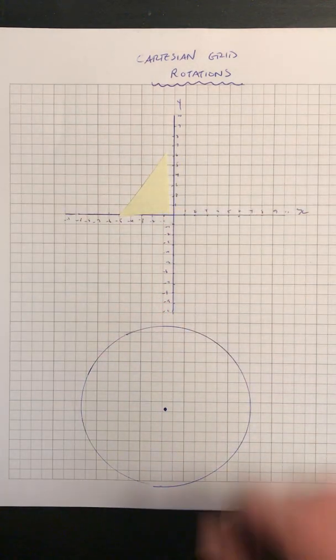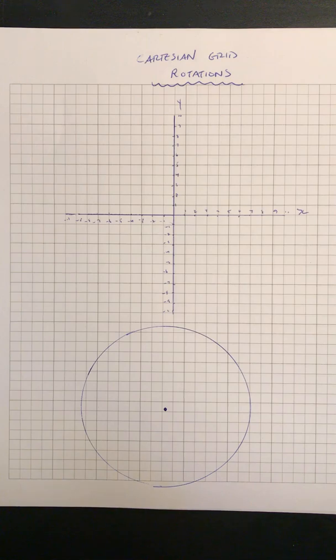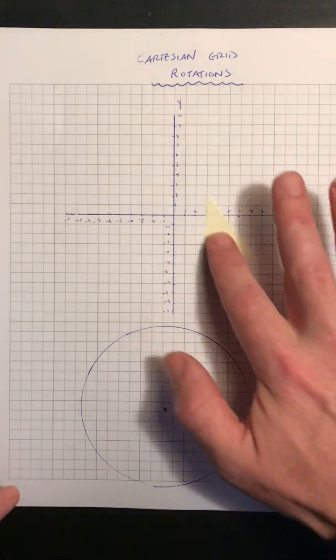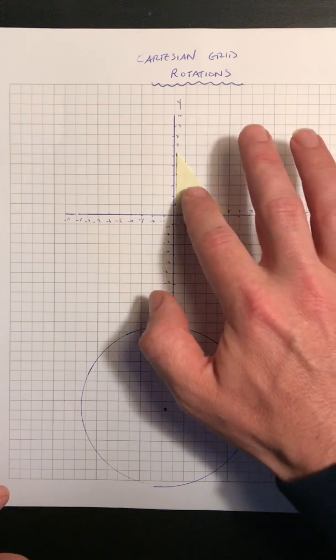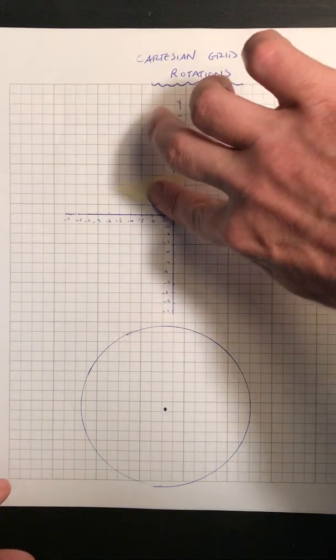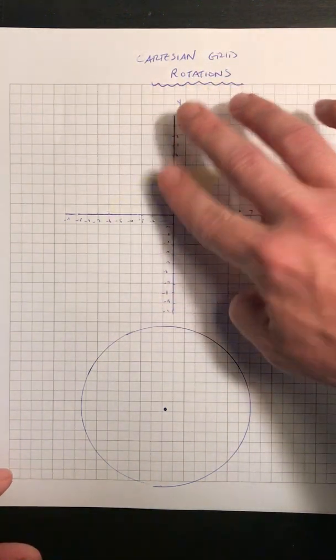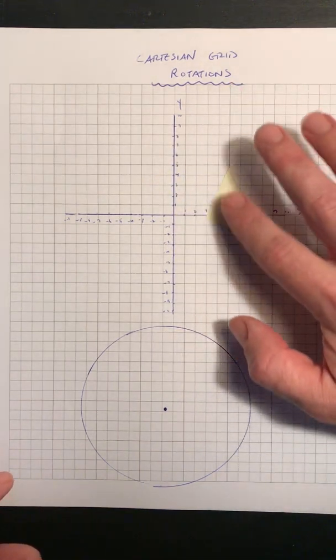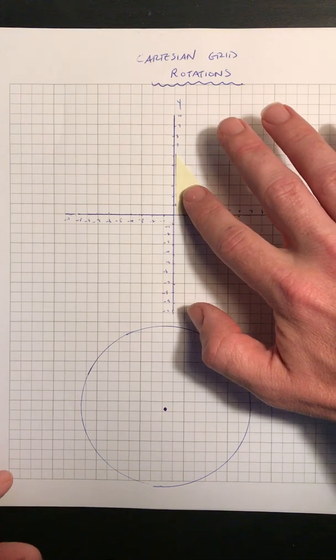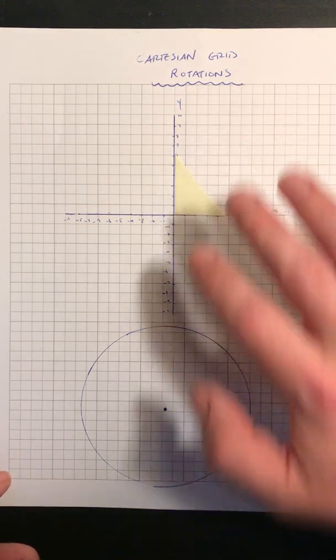And now what we want to be doing is rotations of things. So we want to be rotating objects around the Cartesian grid, and then getting new images in different places based on a specific rotation that's been given.